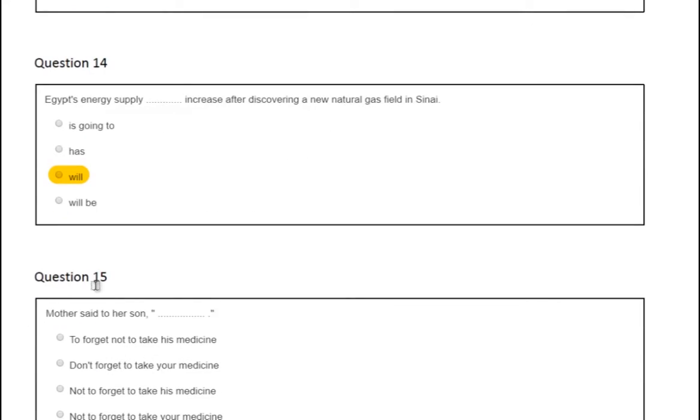Question number 15. Mother said to her son not to forget to take his medicine. Don't forget to take your medicine.